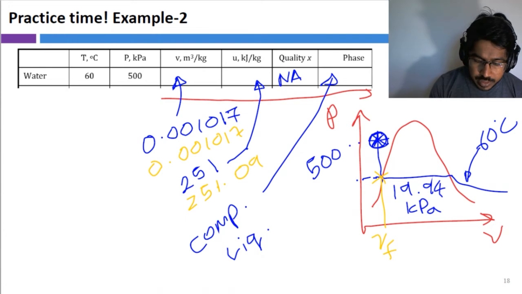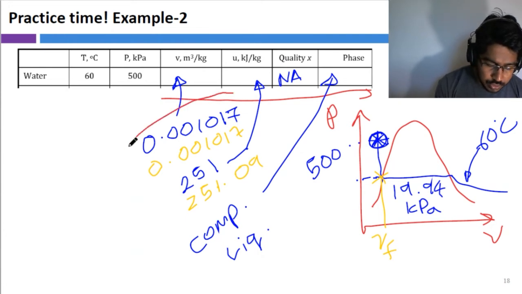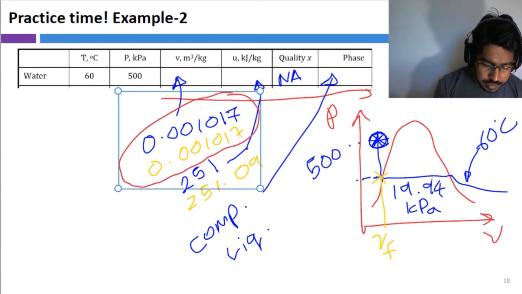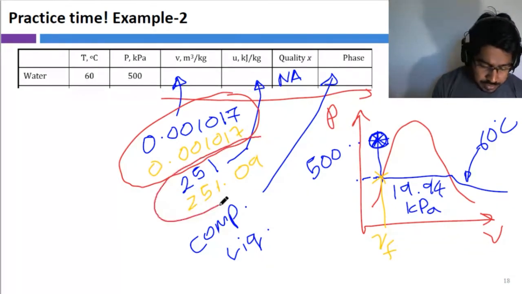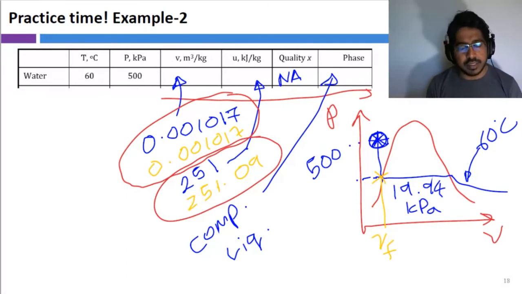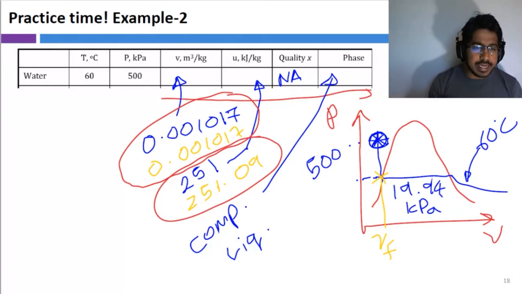So it brings us to another important conclusion. If we do not have compressed liquid tables, or if our compressed liquid tables do not have our given pressure, we can use our saturated liquid property at that given temperature.